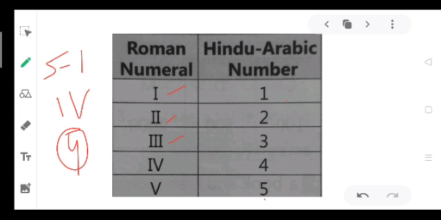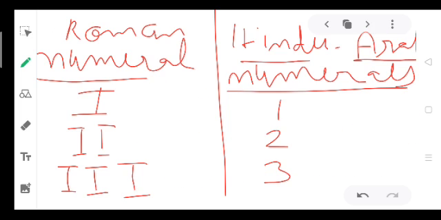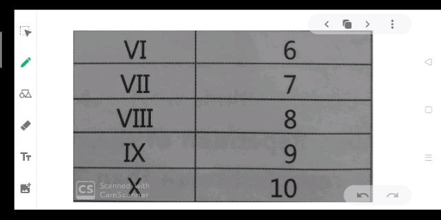For 5 we are using V. 6: right side I, 5 plus 1, VI. VII is 7, 5 plus 2, 5 plus 1 plus 1. 8 is V and 3 times I. 9: we are not having a symbol, but firstly we will write 10 and then subtract 1 from it, so we will write IX.